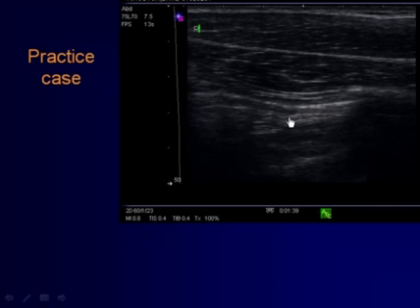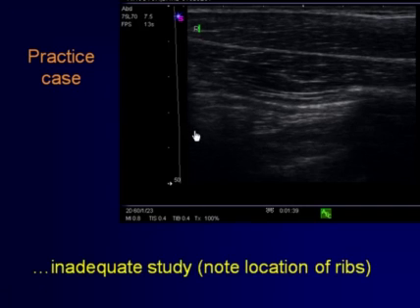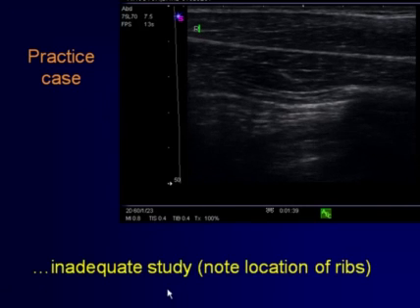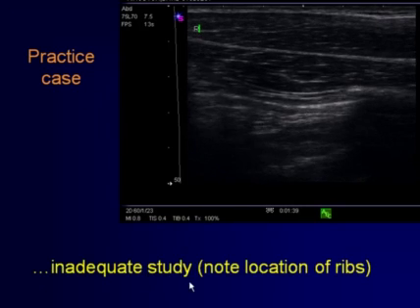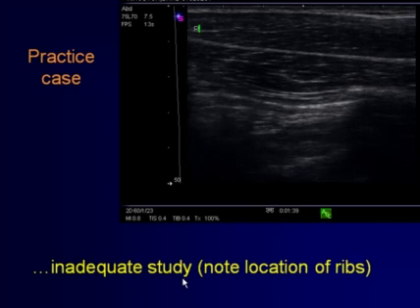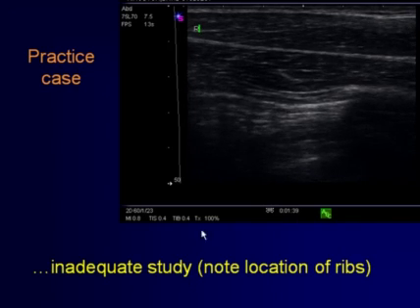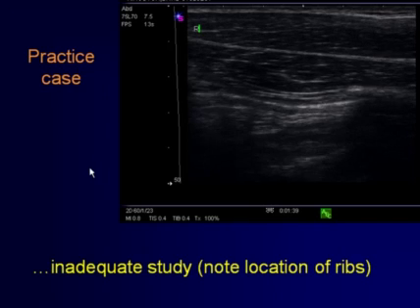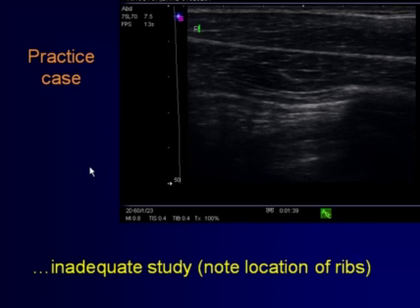We're really not seeing a very clearly defined pleural line, and it's possible that down here we're actually looking at subdiaphragmatic structures. So in cases such as this, it's quite legitimate to say that you've had a limited or inadequate study, and proceed with your exam and look elsewhere, or document that you were unable to make a definitive conclusion based on your exam.